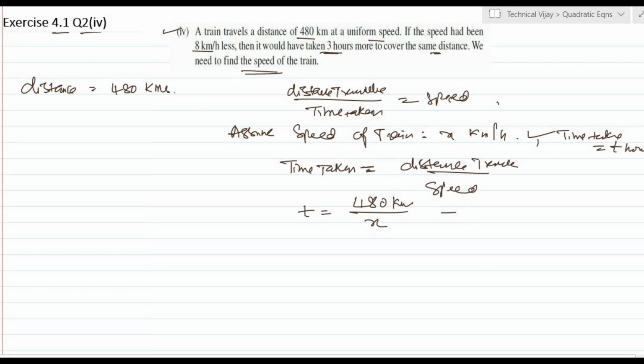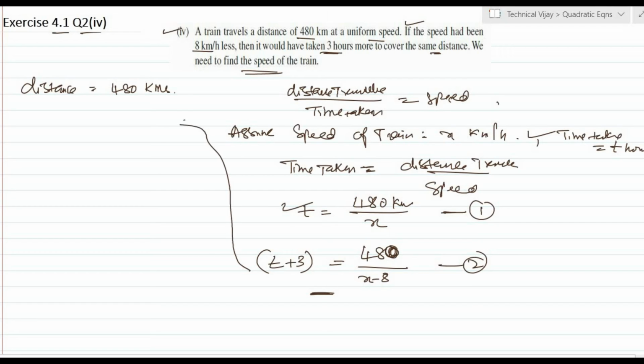So now if the speed has been reduced by 8 kilometers per hour, then the time taken will be increased by 3 hours, for the same distance. This is second equation, and let us consider this as the first. So now we will substitute this t value in equation 2.